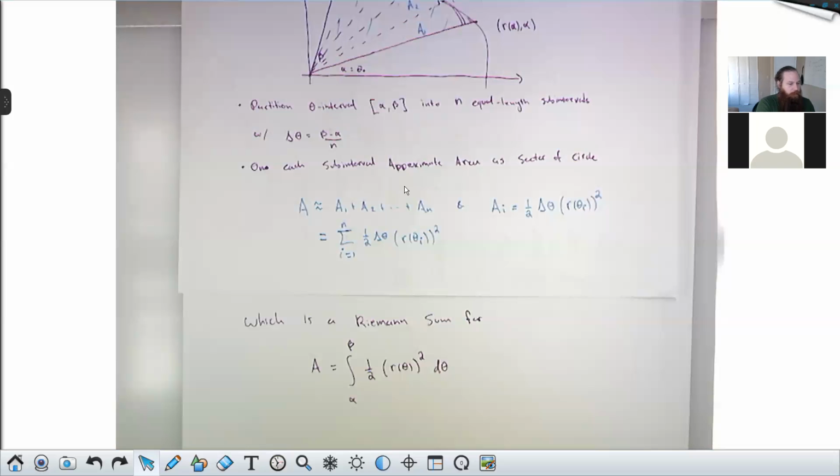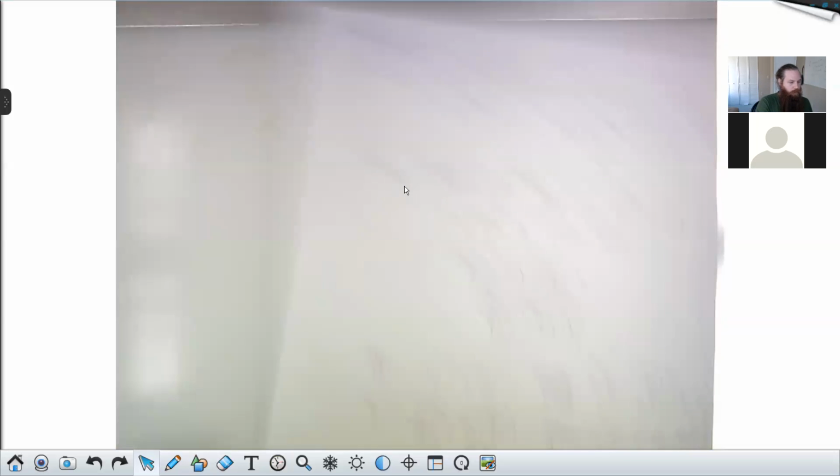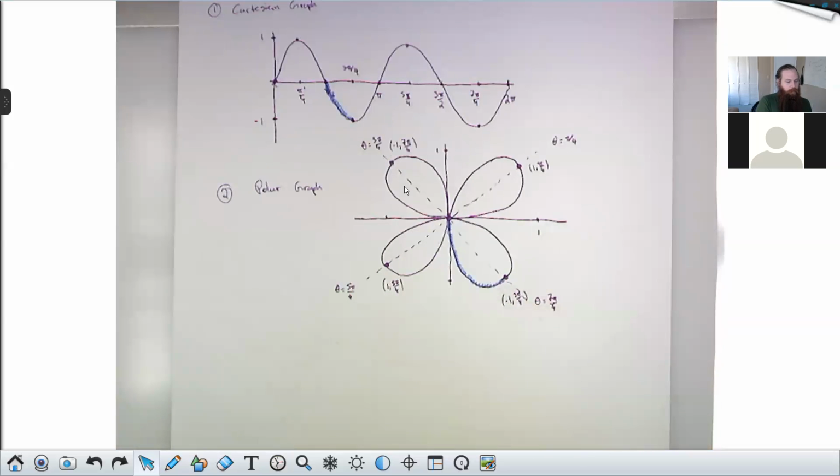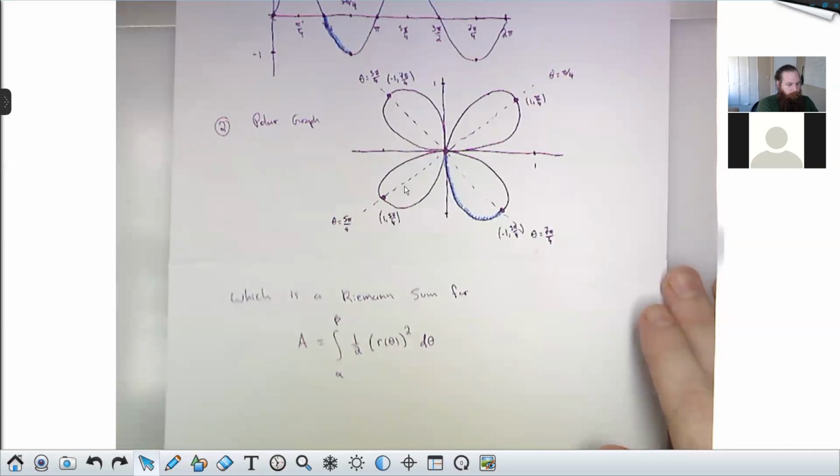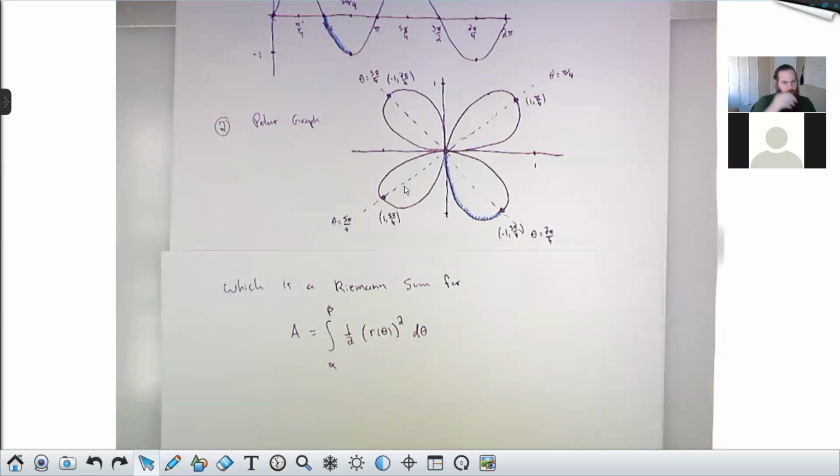Let's try an example. This guy that we graphed earlier. Suppose I want to find the area of just one of these loops.